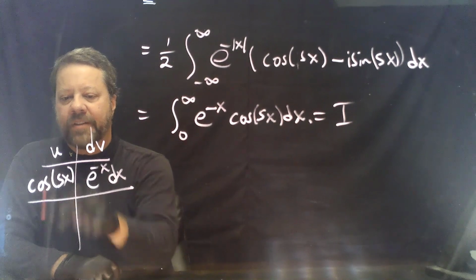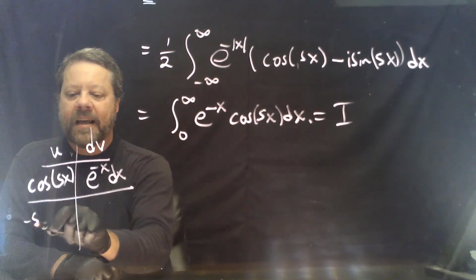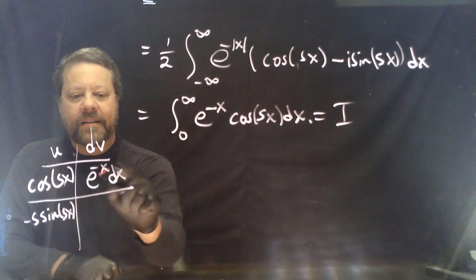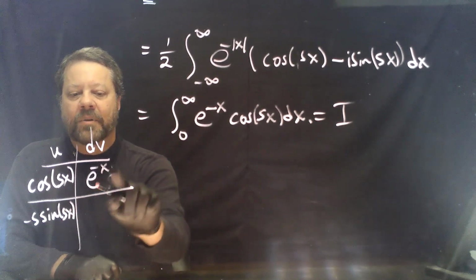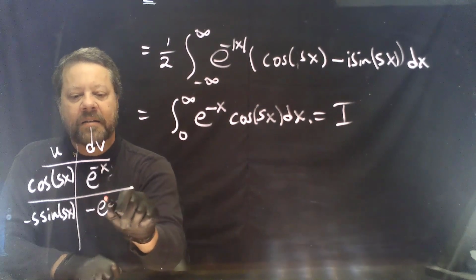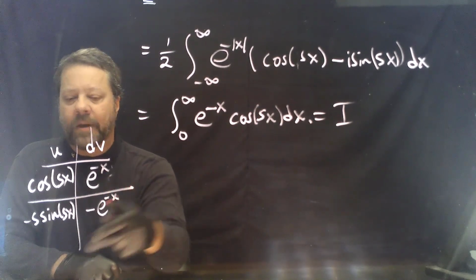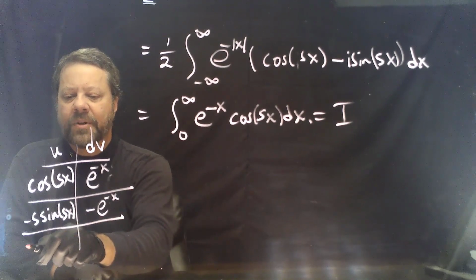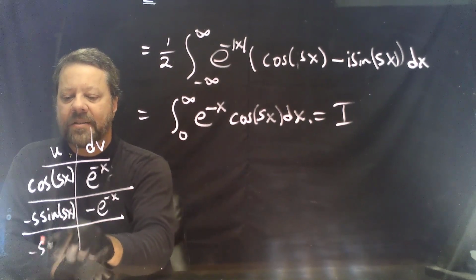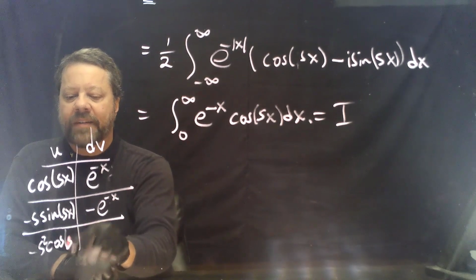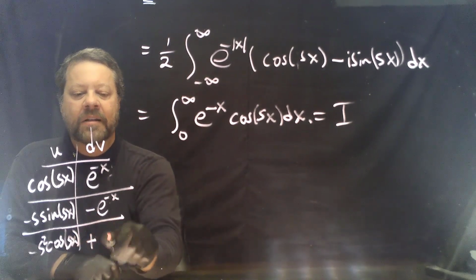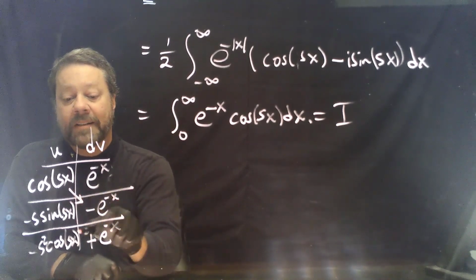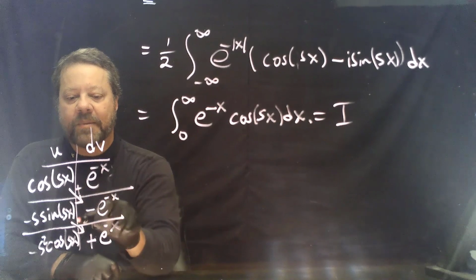We'll take the derivative down the first column, that's minus s sine of sx, and integrate down the second column, and so we'll get a minus e to the minus x, because you divide by the minus 1. And we'll have to do this again. So we'll have minus s squared cosine of sx and a plus e to the minus x. So we'll multiply down diagonals and alternate signs, plus, minus.